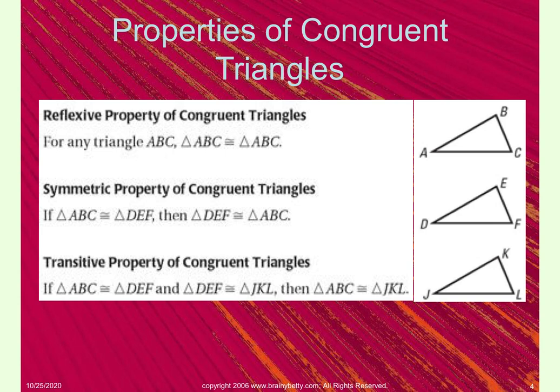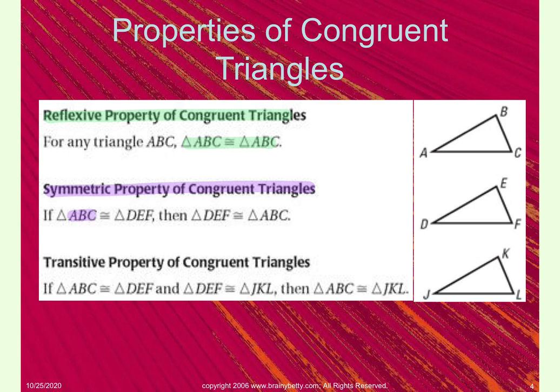All right, so property of congruent triangles. Just like before when we did property of angles and segments, we can do properties of triangles. The reflexive property says any triangle is equal to itself or congruent to itself. The symmetric property says that I can switch the order of the names around, so not the letters themselves, but the actual names.